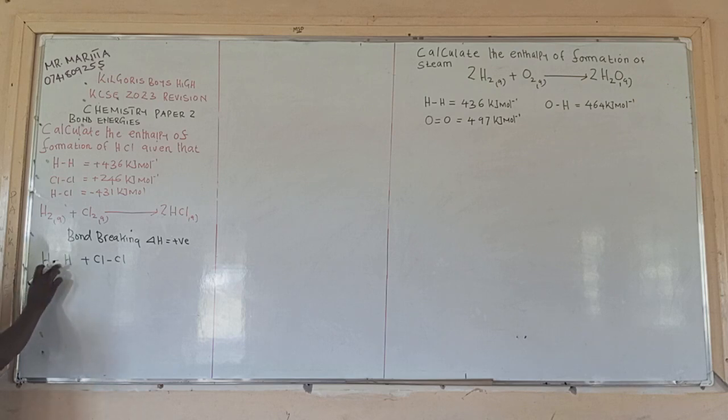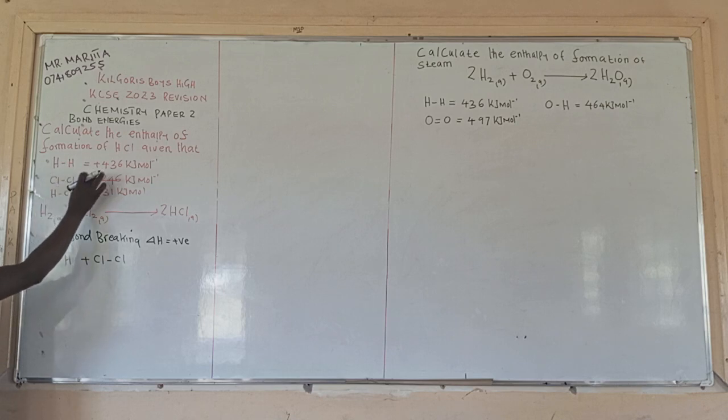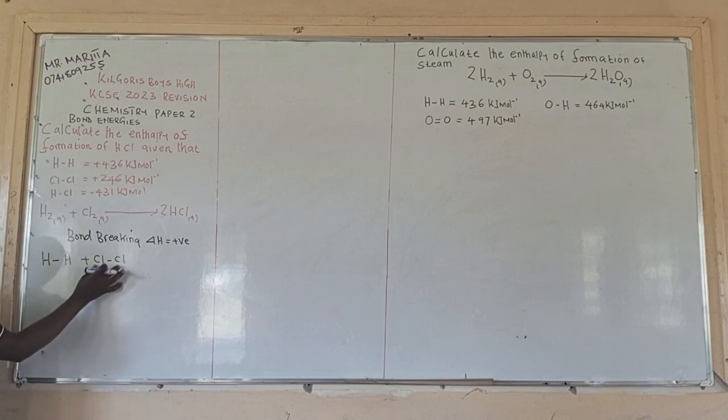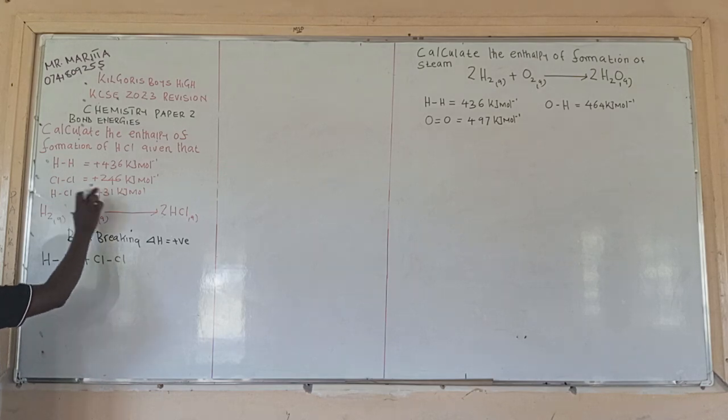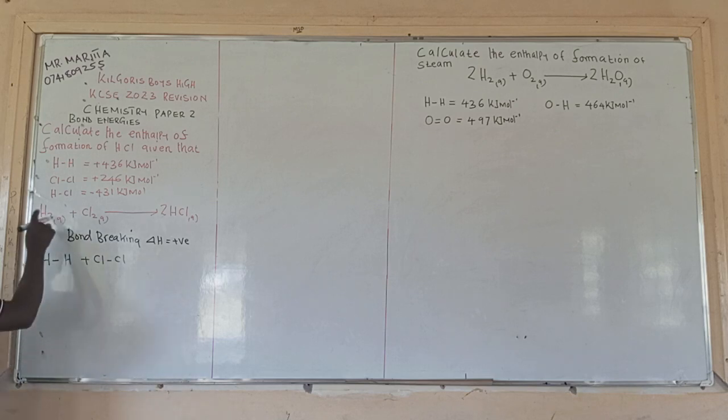Here in hydrogen we have only one bond, and one bond of hydrogen is equivalent to 436 kilojoules per mole. Then in chlorine bond breaking we have only one bond, and this bond is equivalent to positive 246 kilojoules per mole.